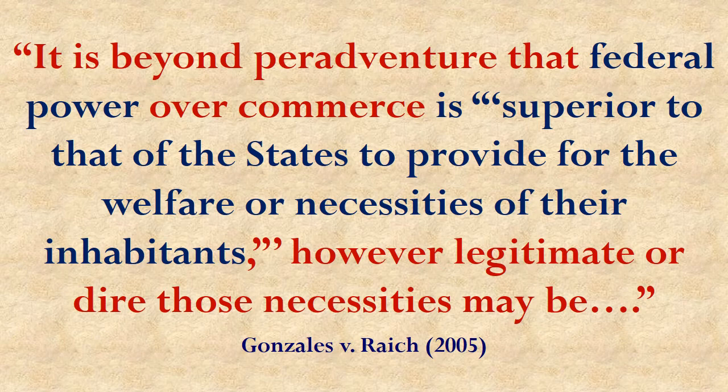Which again is another very interesting argument to make, since constitutionally speaking, as the Constitution was originally set up before the court started stretching the meaning of certain constitutional clauses, it was the intention that the police power would reside in the states while the national government just had a few defined powers. Here we have the Supreme Court not only acknowledging that the national government has assumed the police power, but even claiming they're better at it than the states now, and therefore they should be left to do it.